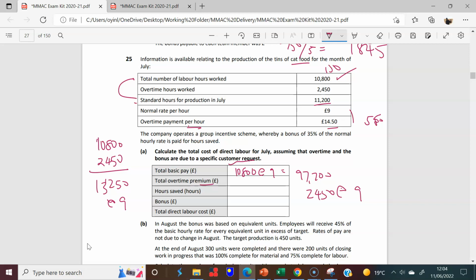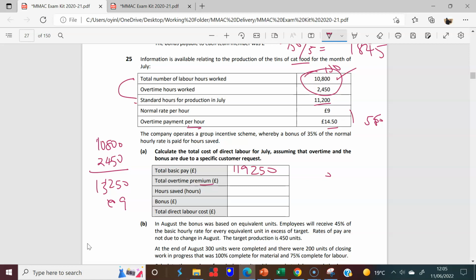Let's see what that comes to. 13,250 at £9 is 119,250. So that's on all the hours, including just the basic rate.